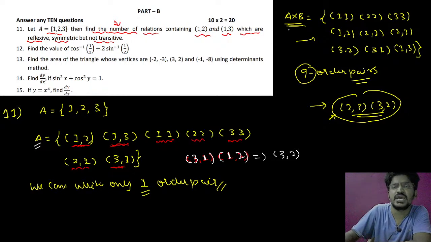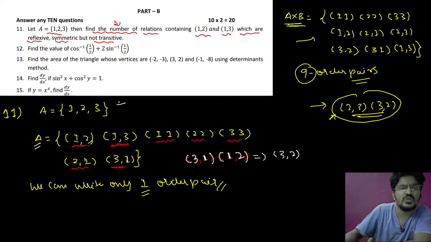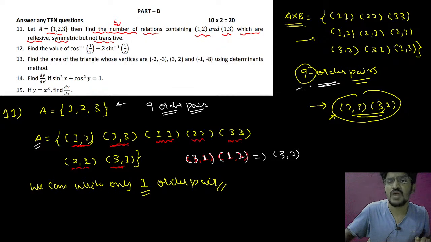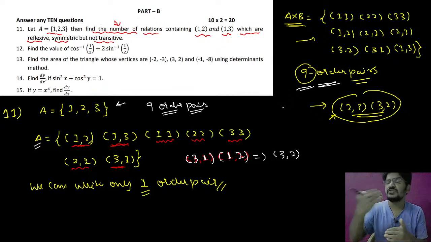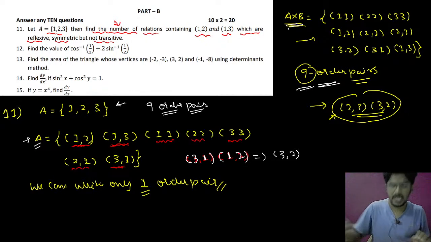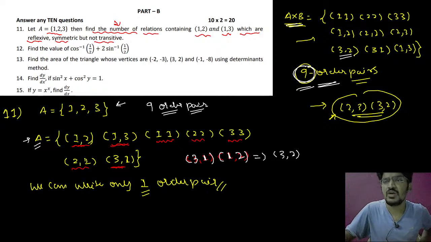Using set A, with these 3 elements, I can write 9 ordered pairs. That means in our complete Cartesian product we are going to have 9 ordered pairs. We know that a subset of the Cartesian product is a relation. Here (3,2) and (2,3) are the only remaining ordered pairs.